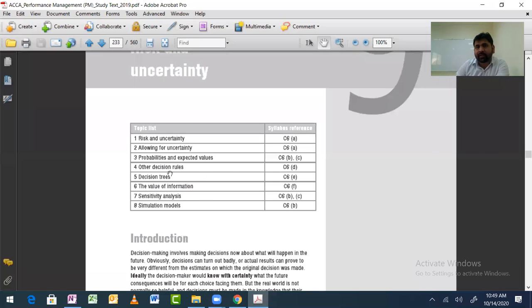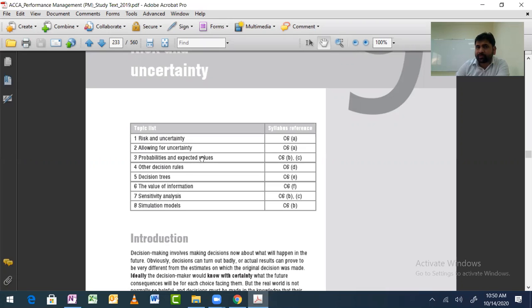Now in the chapter we have got so many new things. Basically, in this segment you will find the expected values, then there are some other decision rules, minimax, maximin and all that stuff. And then using the same expected value, how you can use a decision tree.